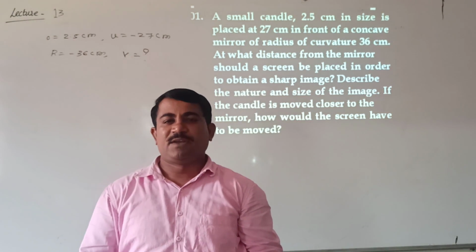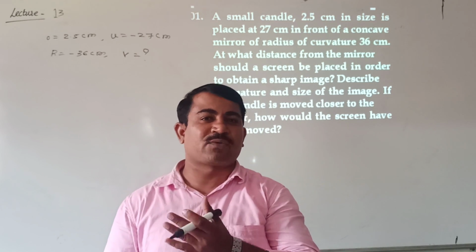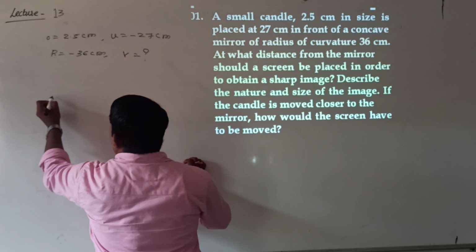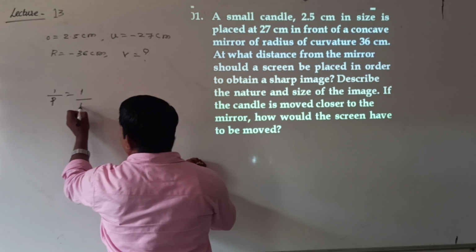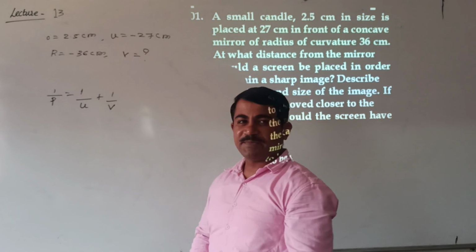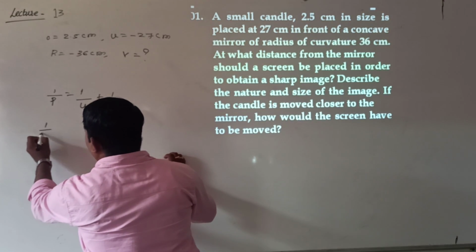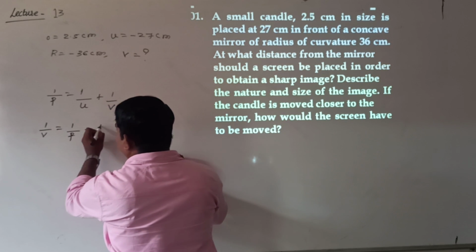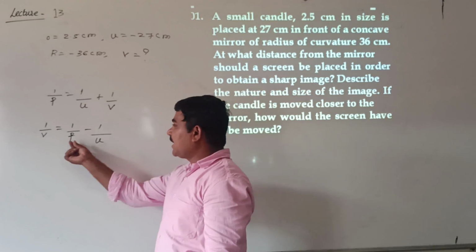To solve this, let us go for the mirror formula. What is the mirror formula? 1 divided by F is equal to 1 divided by U plus 1 divided by V. We need V here, so 1 divided by V is equal to 1 divided by F minus 1 divided by U. Here U is given, I need the F value.